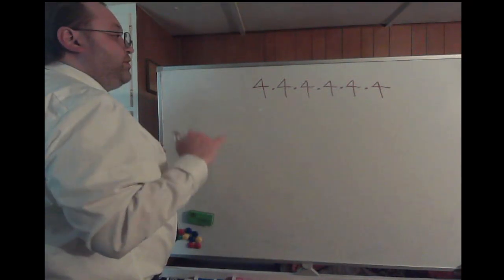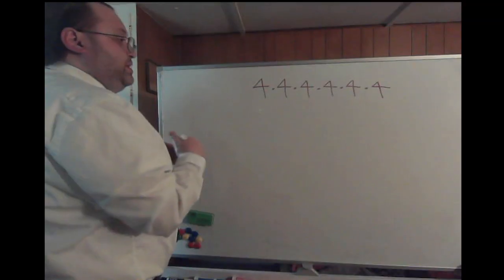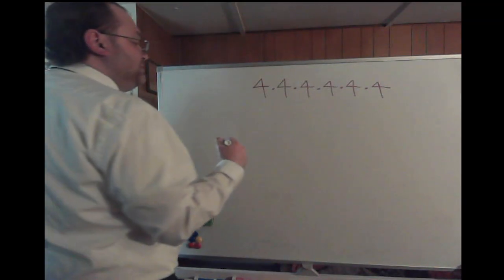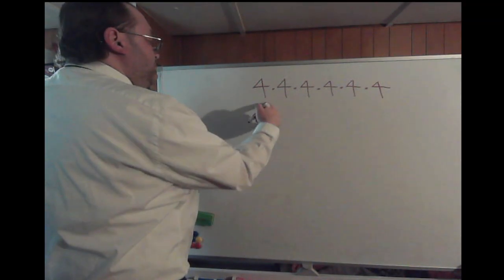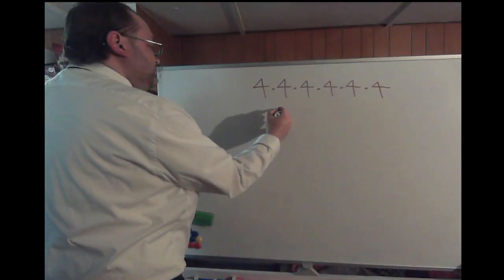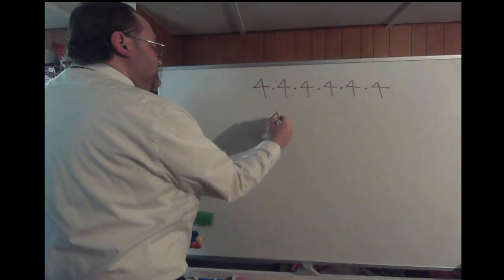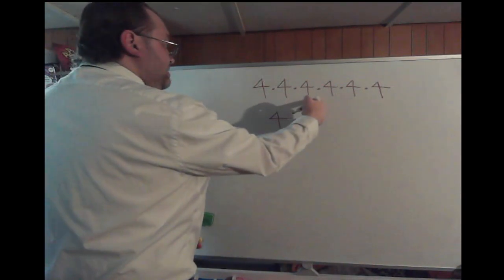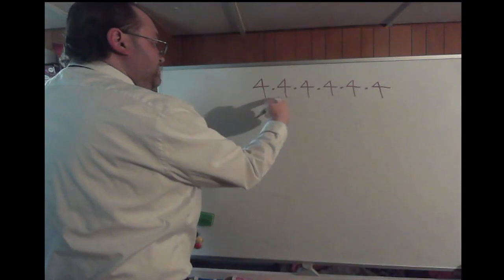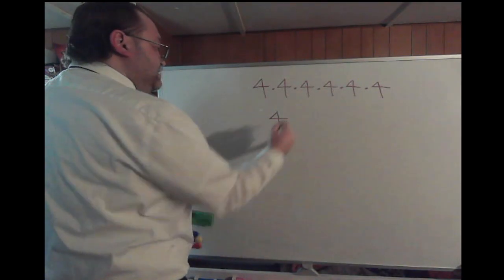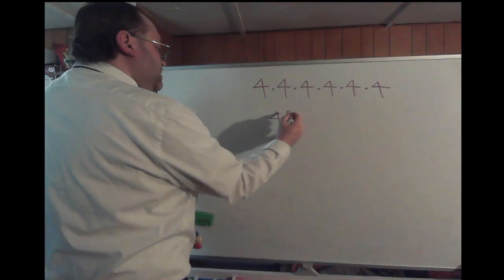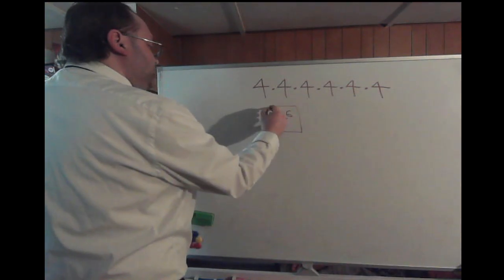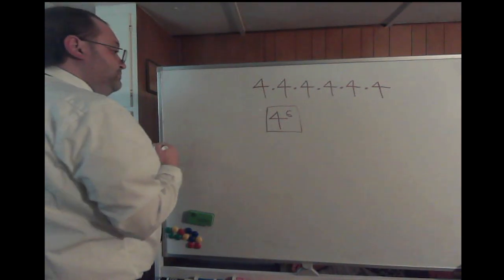Whenever you have repeated multiplication, that can be expressed as an exponent. So the base is 4. That's the number that's being multiplied. It would be the base. The number of times it's being multiplied is 6 times, because we count 6 4s. It's being multiplied 6 times, so that could be rewritten as 4 to the 6th power.